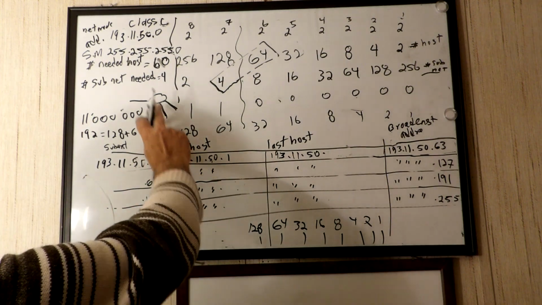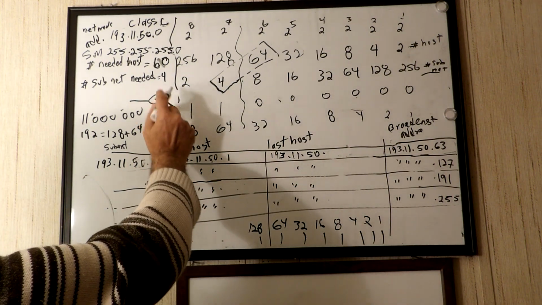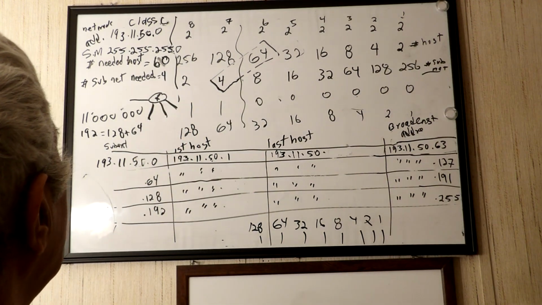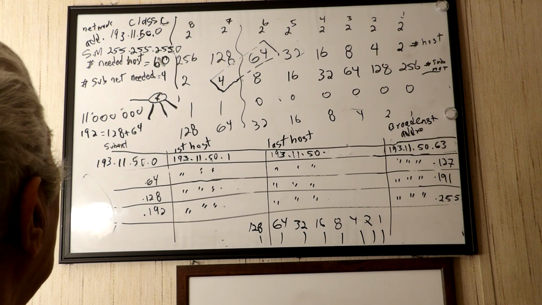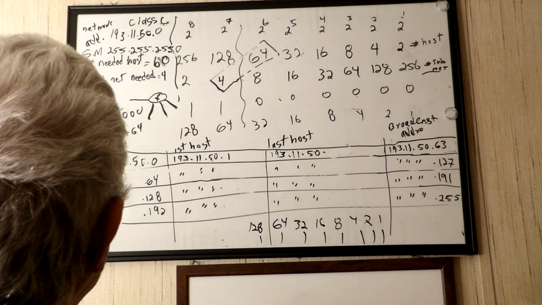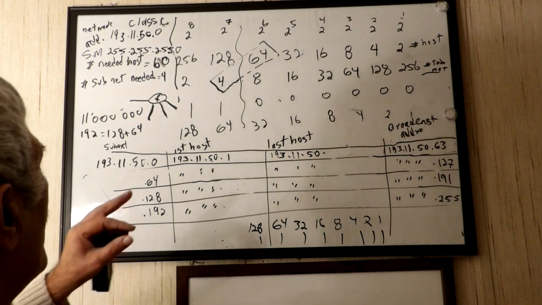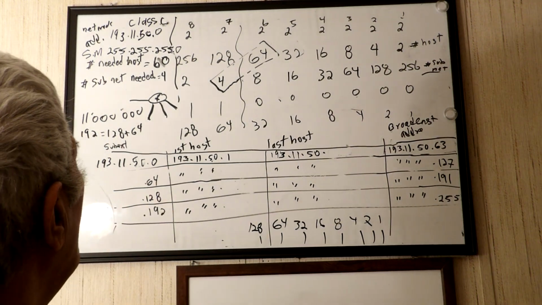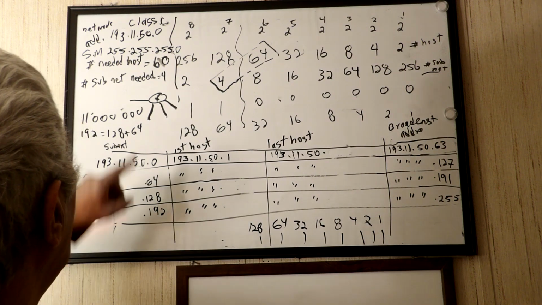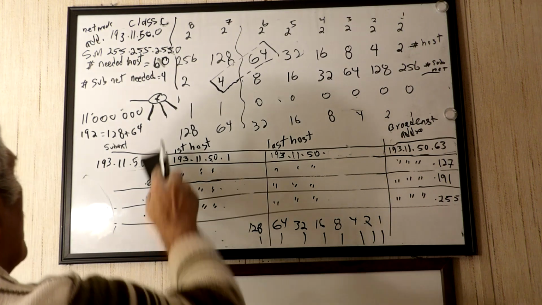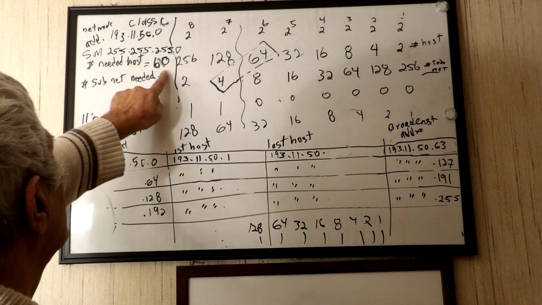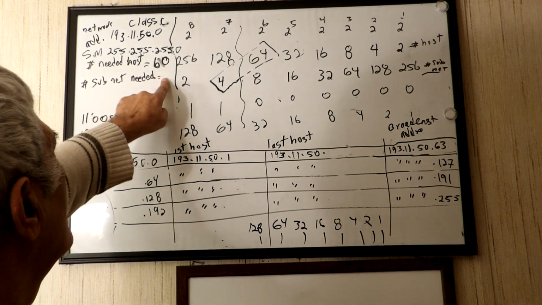We will talk about this later. The router is a gateway to get to the public internet. Now we just have a local network, and let's solve this problem. They ask you for, for example, 60 hosts.